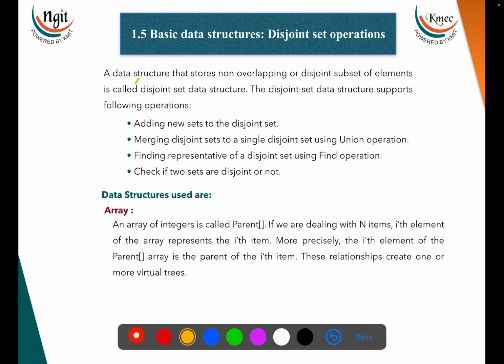A data structure that stores non-overlapping or disjoint subsets of elements is called a disjoint set data structure. The main purpose of a disjoint set is that we can add two different sets, and we can merge one set into another set, that is the union operation.